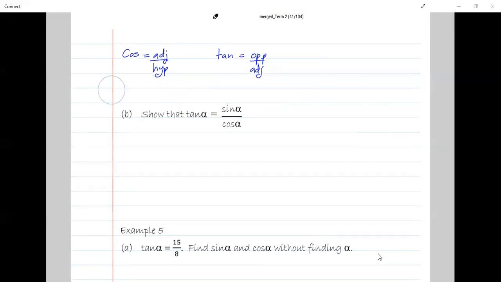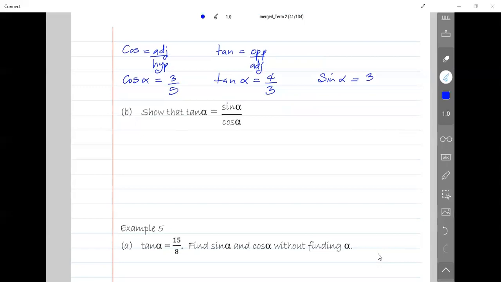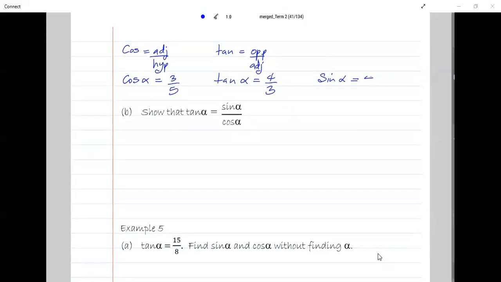All right, so the cosine of alpha is 3 over 5. The tangent of alpha is 4 over 3. And the sine of alpha is 4 over 5.